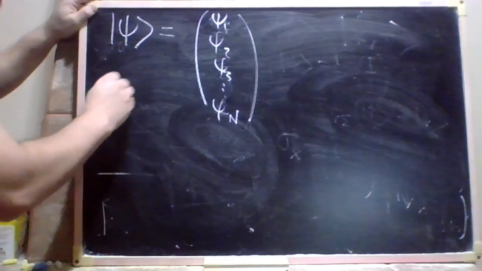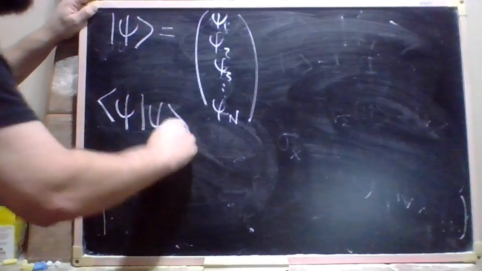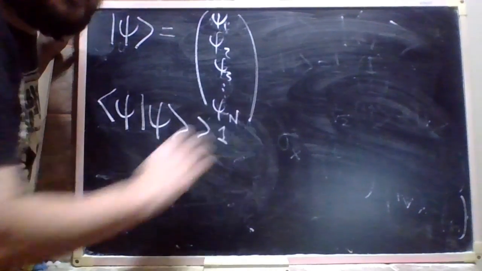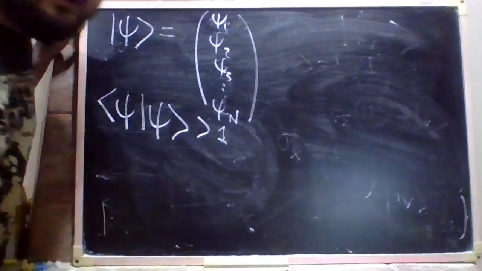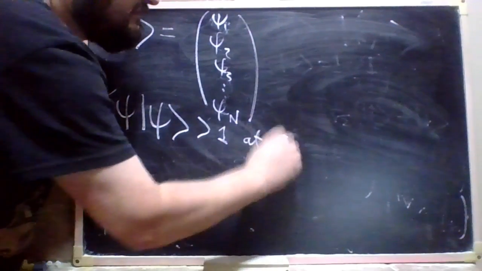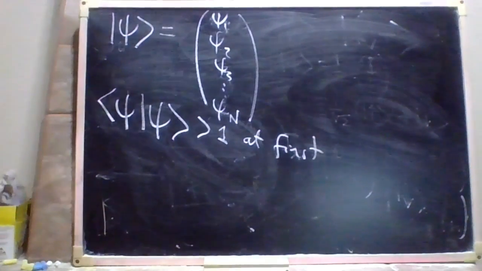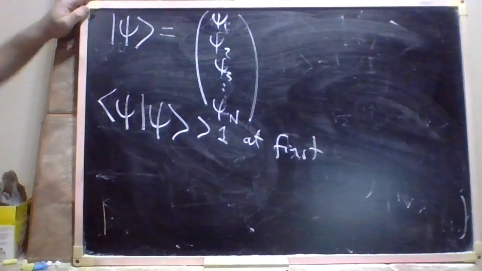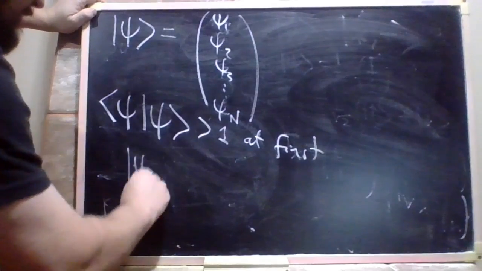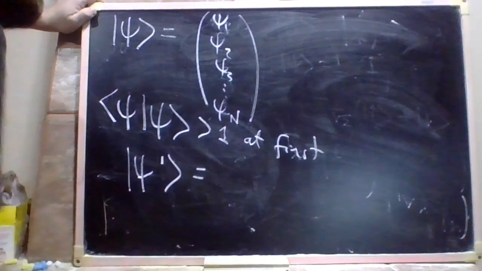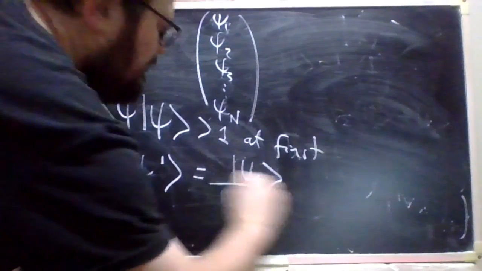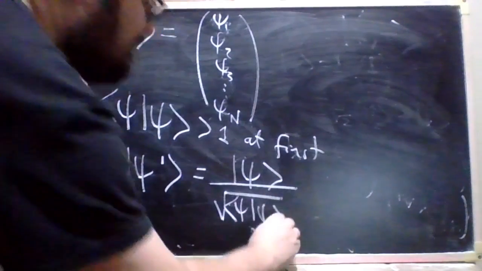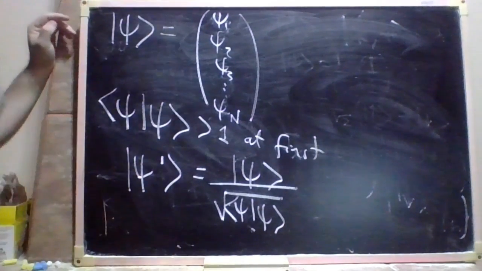But if you first calculate the modulus of this vector, you'll find it bigger than 1, not normalized, or perhaps less than 1, right? If you do that, the state is not normalized, and you need to normalize the state. So what you do, you define a psi prime, which is the previous psi divided by the square root of this thing here. Then you'll find a normalized ket state.